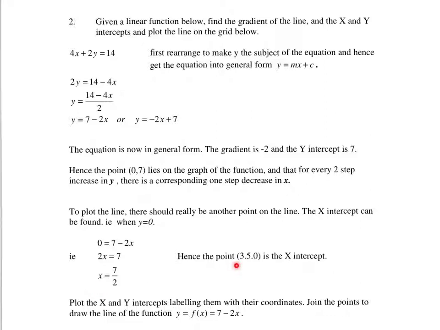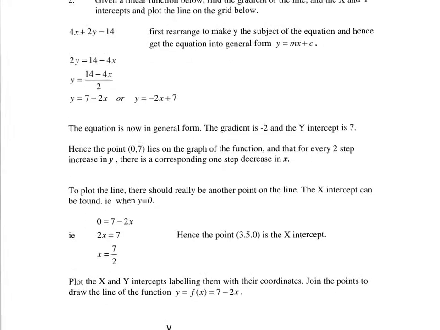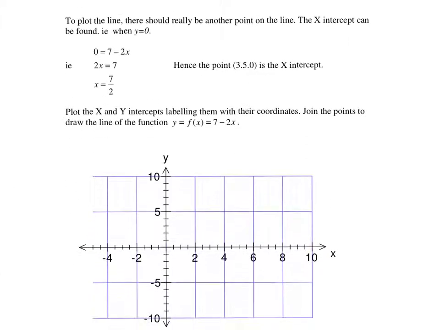So therefore we know that we have the point 3.5, 0, and that is the x-intercept. So now we can plot both those intercepts. So we'll plot the x and the y-intercepts, labelling them with their coordinates, and then join those 2 points to plot the line.